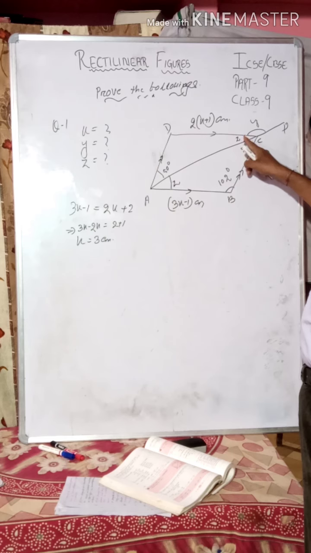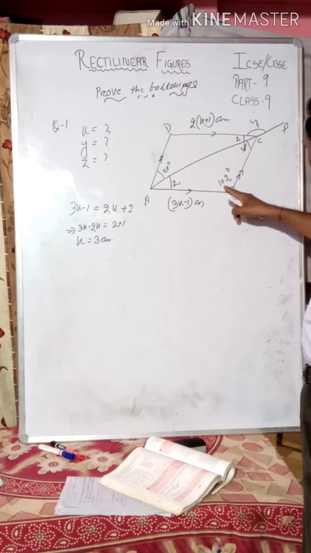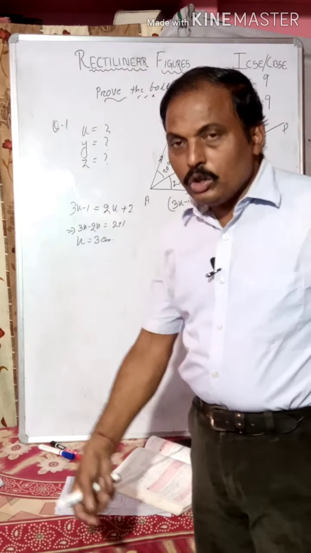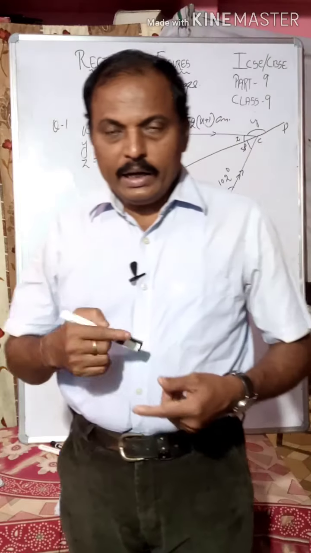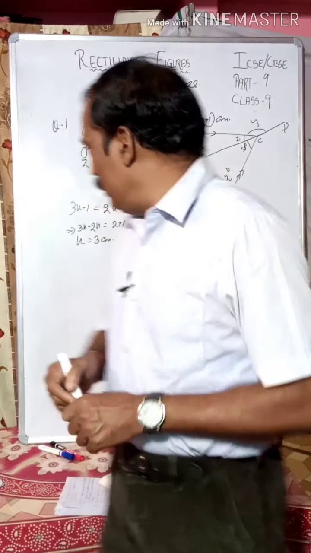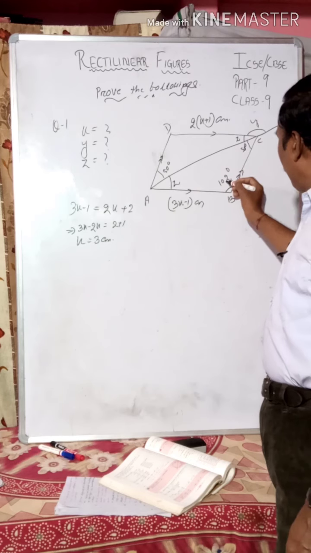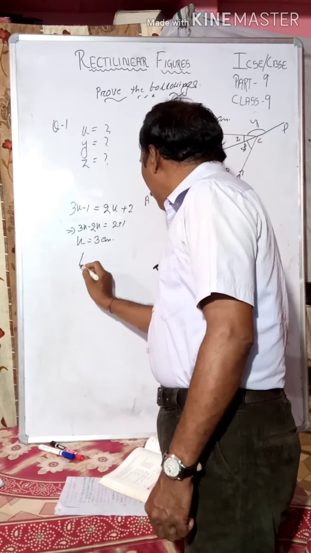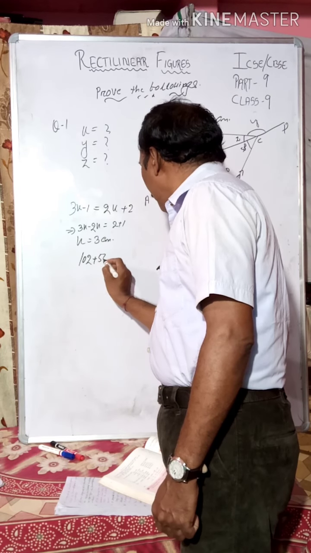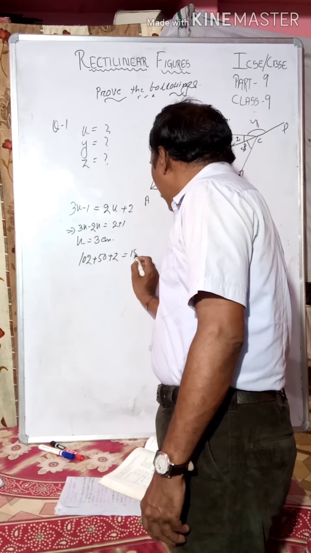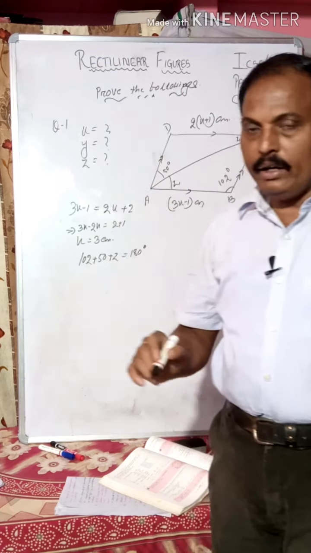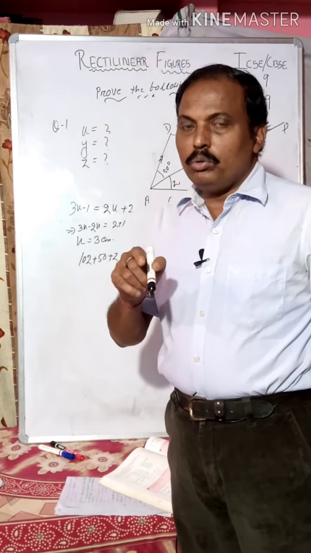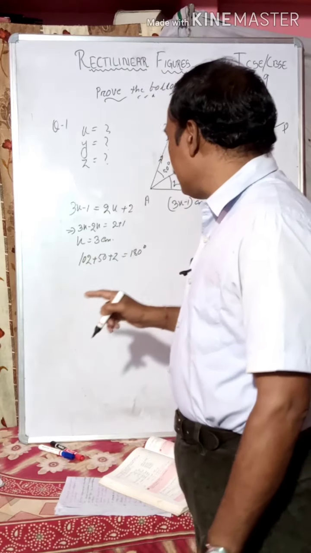So 50 plus Z plus 102 is equal to 180 degree because they are co-interior angles. So 102 plus 50 plus Z is equal to 180 degree because co-interior angles or allied angles are supplementary to each other, which means the sum of the allied angles is 180 degree.